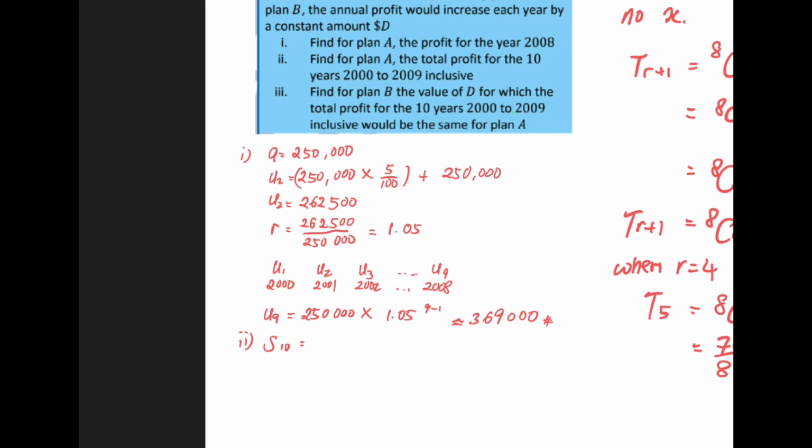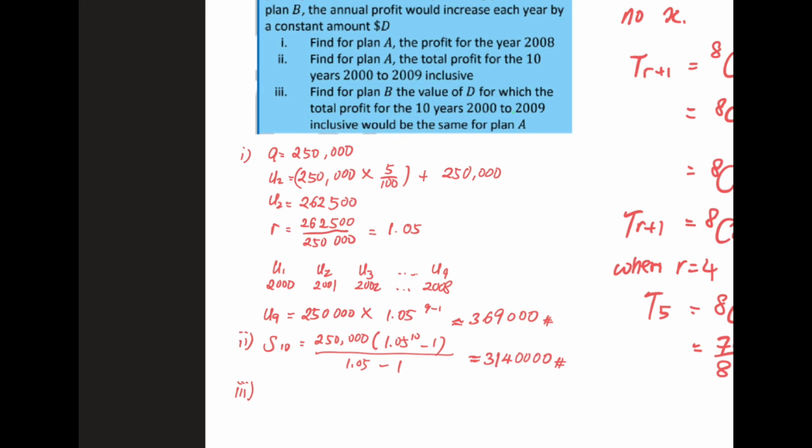We use the geometric Sn formula, which is a times r to the n minus 1 divided by r minus 1, where r is 1.05. Then we press the calculator. In terms of three significant figures, we get 314,000.